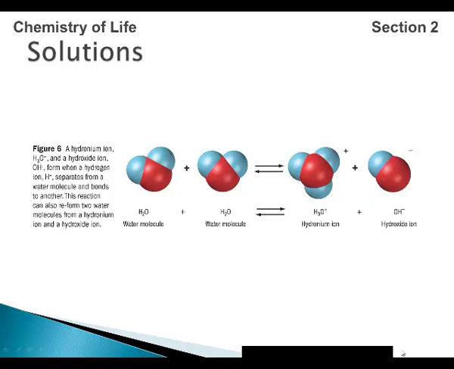Notice that a hydronium ion forms when a hydrogen atom separates from the water molecule and binds with another water molecule, giving an H3O+. A hydroxide ion has been formed due to the loss of that hydrogen atom.